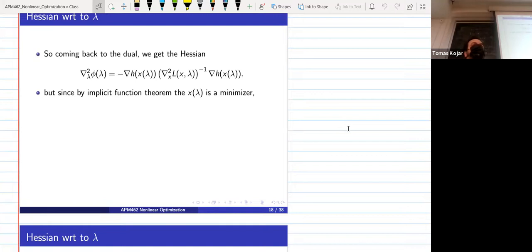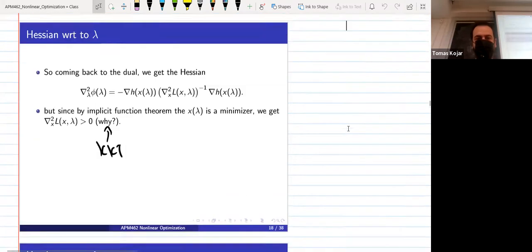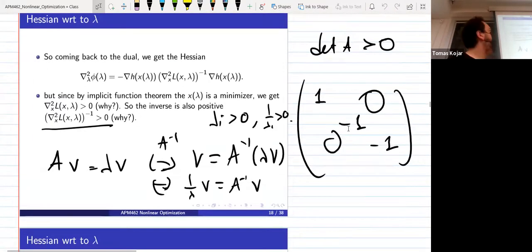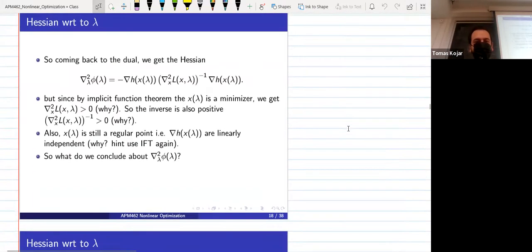Remember, KKT for maximum is the same up to a minus sign. Like Yiming said, the inverse is positive definite. So what can we conclude about the Hessian of the dual?